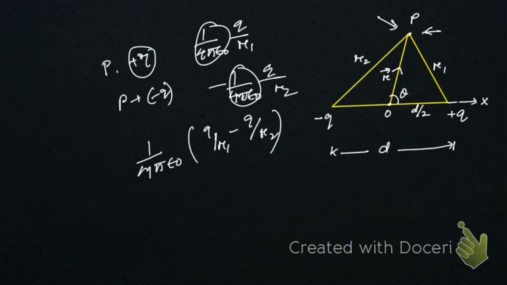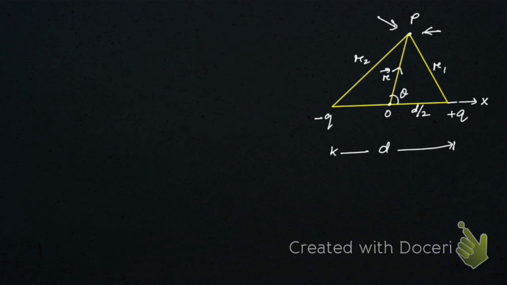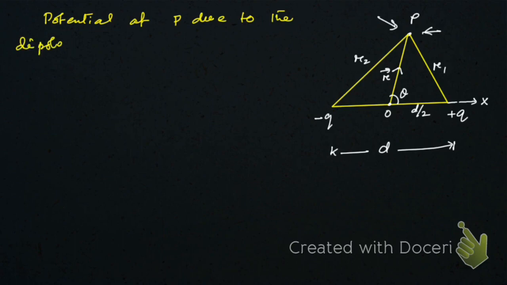So let me write it properly. Hope you have understood these things. So the potential at P due to the dipole is given by, let me write here phi, which represents potential at position r, right?